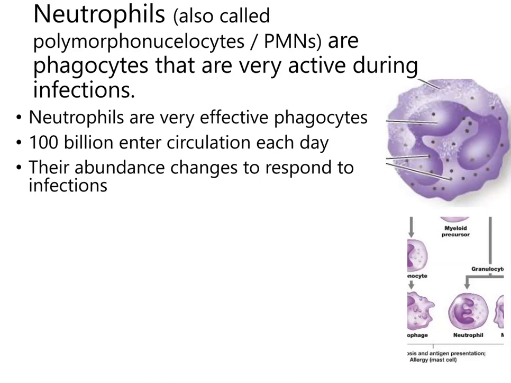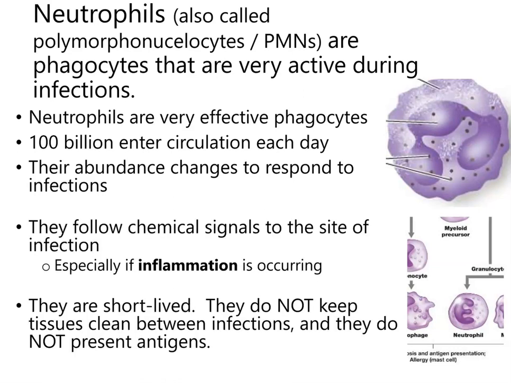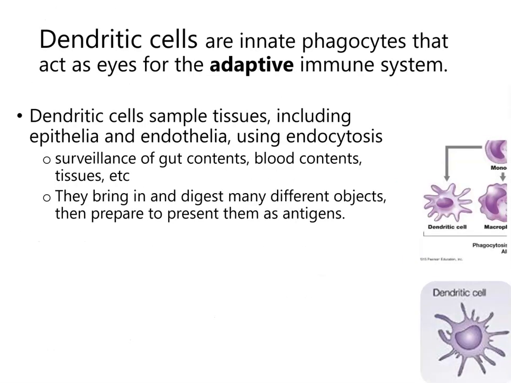So if they see a signal that says there's an infection in this tissue, then they will enter the tissue and fight. And they can fight by doing phagocytosis and some other things. But again, they only fight. They don't maintain tissues like macrophages do. They don't do antigen presentation. They just fight. And they don't live very long.